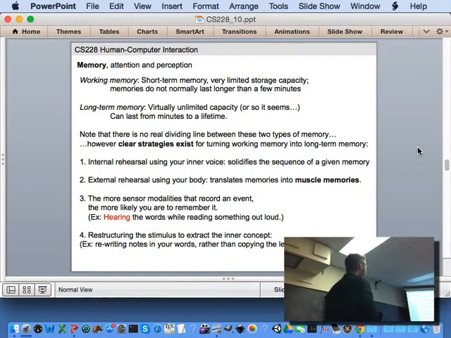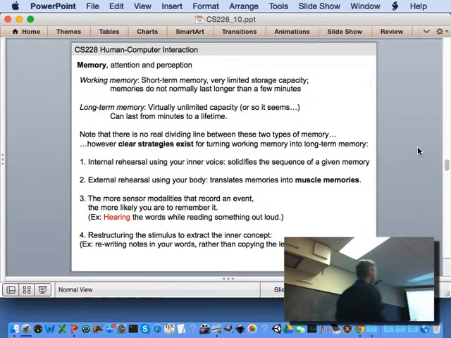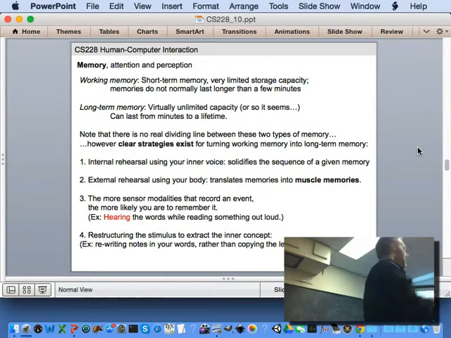Okay. The more sensor modalities you bring to bear, the more likely you are to remember it, right? Read something, read it out loud to yourself, have somebody else read it to you, watch a visualization of it, watch an animation of it, and so on, right? Reinforces the memory. If you're trying to throw away the details but remember the inner concept, restructure things, right?